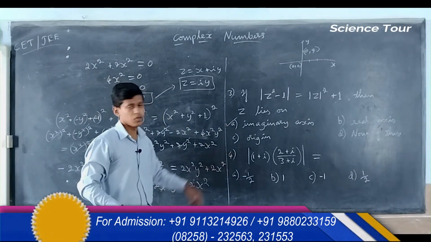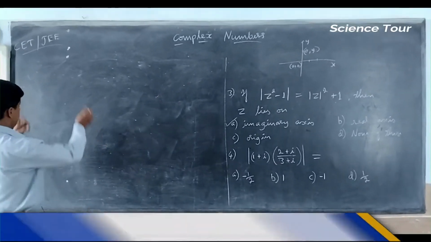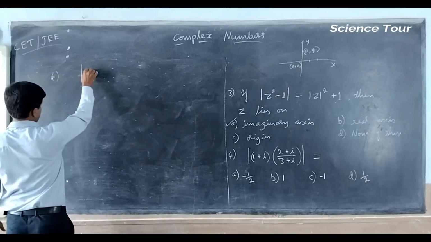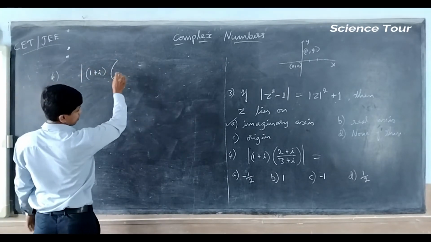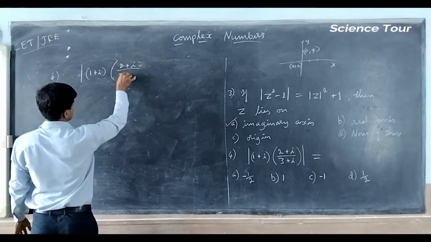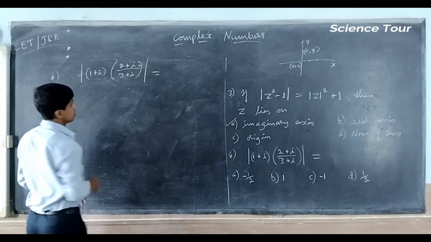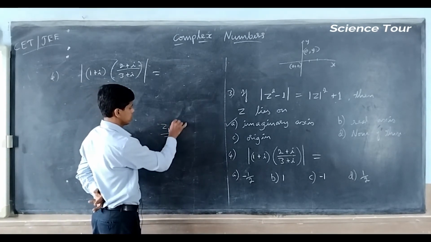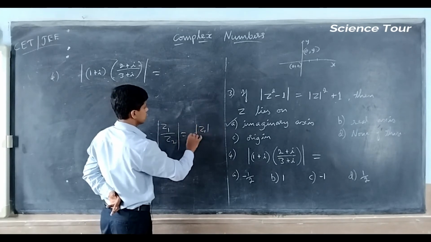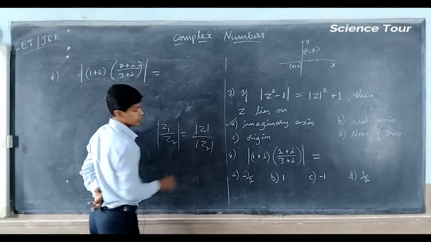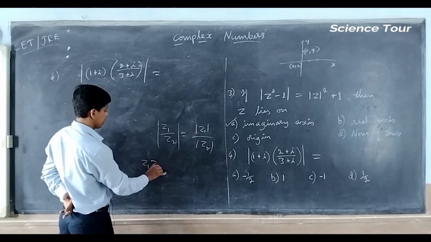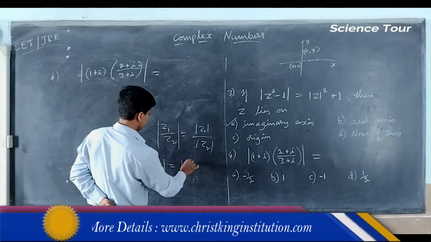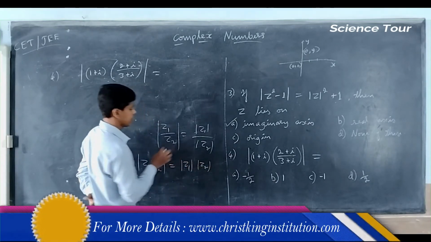Well, let's move to the fourth question. In the fourth question, you have got the modulus sign here, correct? So this is modulus of 1 plus i, then 2 plus i divided by 3 plus i. Understand one thing: if you have Z1 by Z2 and modulus, you can take the modulus separately. And if you have multiplication of two complex numbers and then you have to find the modulus, you can find the modulus separately and then multiply them.